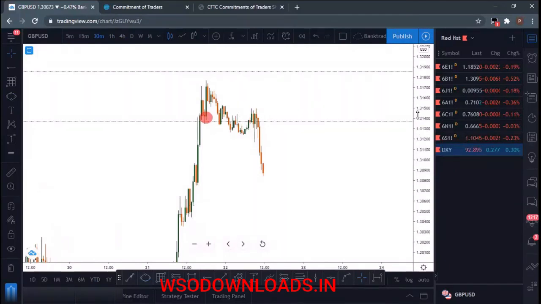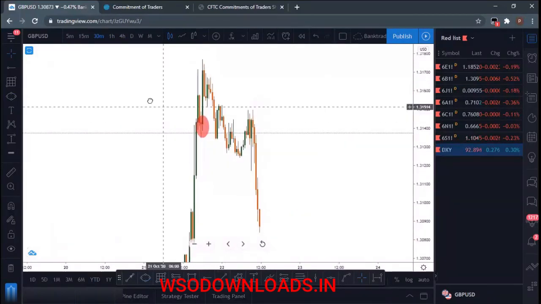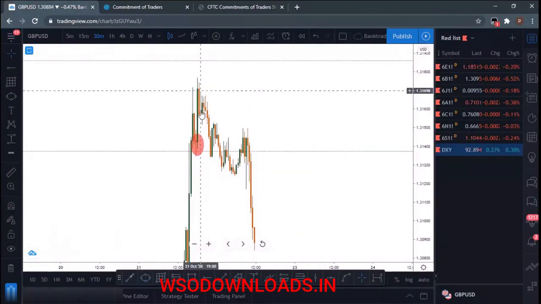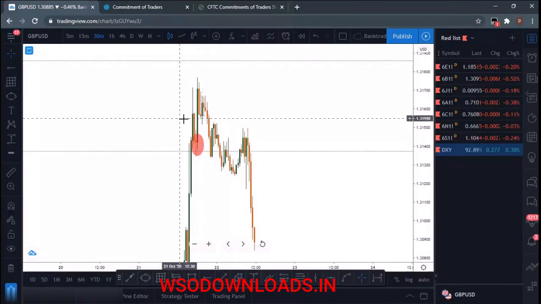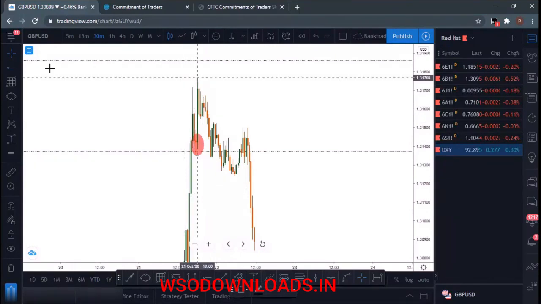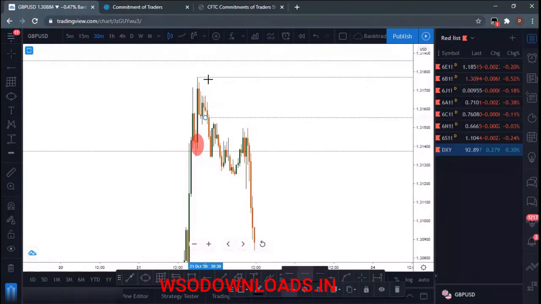So this whole move down, I need to see where this nice candle is, this is not a nice candle here. So the nice candle could be here, the high and this one, copy my areas.